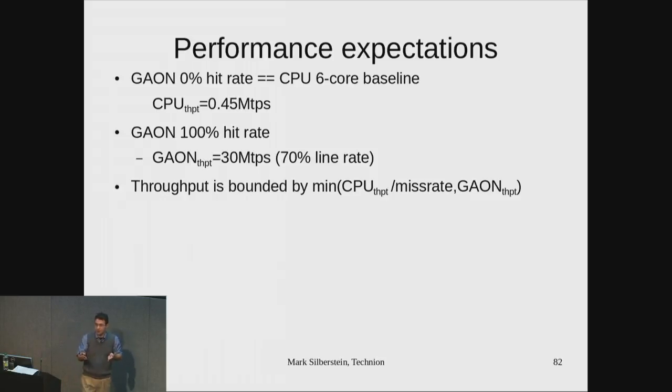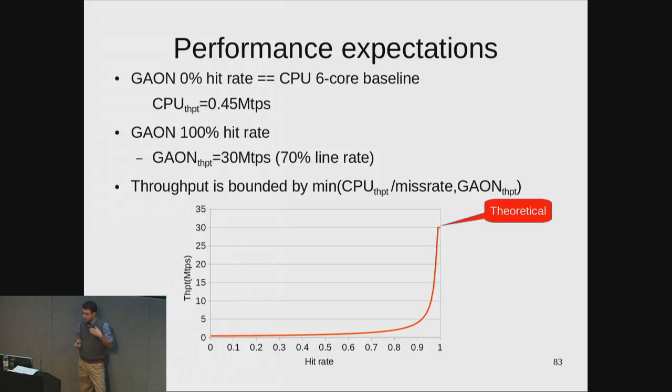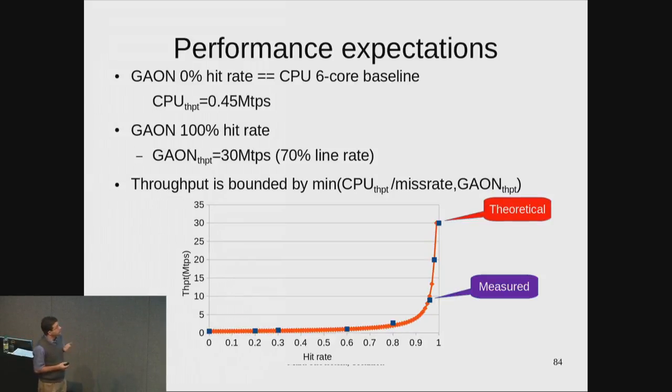The packets get dropped, and so you actually have to apply back pressure at the application level. This is the theoretical curve that says how it should look. But the measured one is very similar because that's how we regulate the load generator. So it should not come as a surprise.